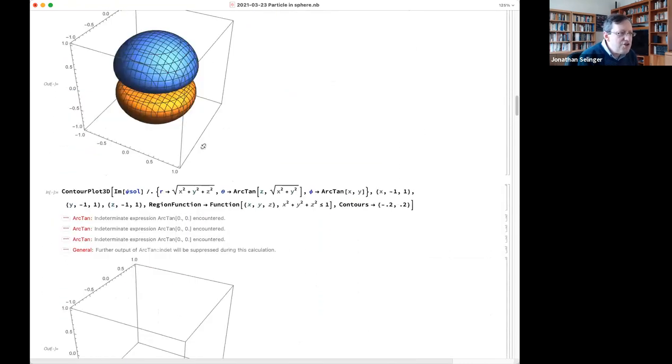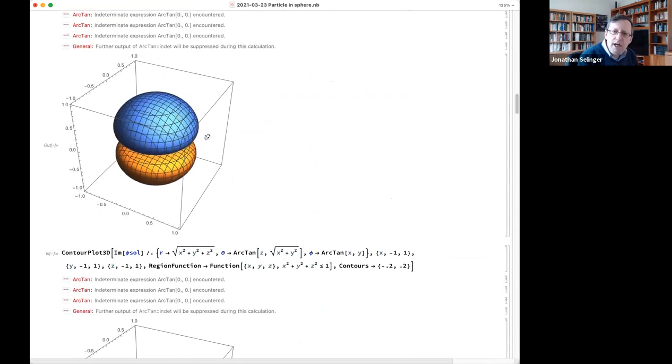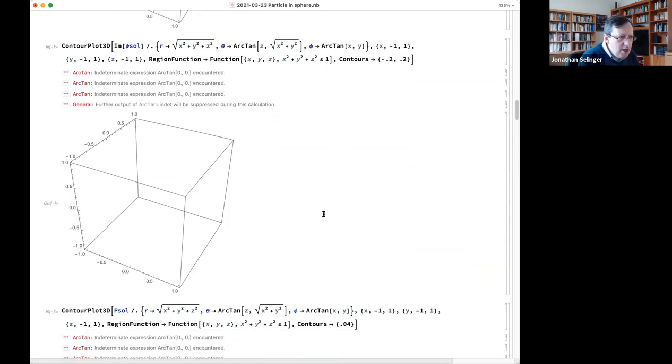Here now is the contour plot. Here the blue contour means where the wave function is negative real, and the orange contour means where the wave function is positive real. So these are contours of the wave function.